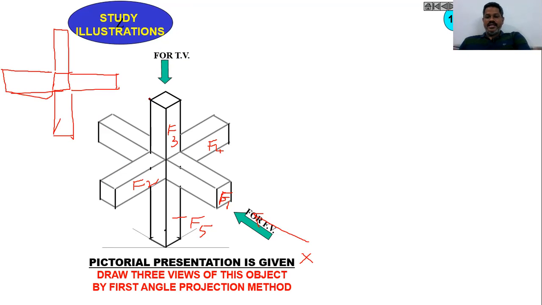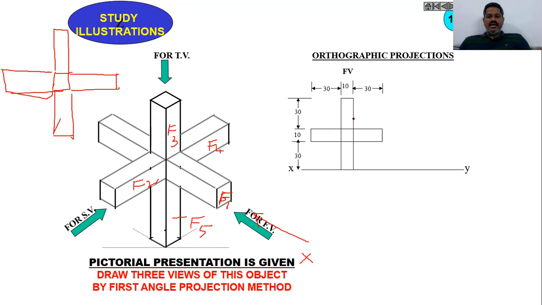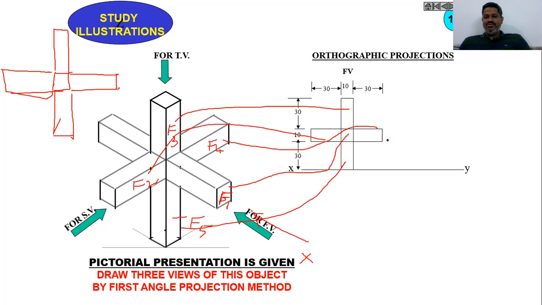Now take an XY line here, as I said with you. You will find F1 here, and this is your F2, and this is your F3, and this is your F5, and this is your F4.